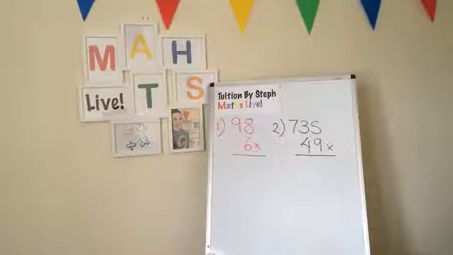Oh, look at that first question. We've got 3 different answers straight away. Ooh. So we've got 598, 588 and 558.